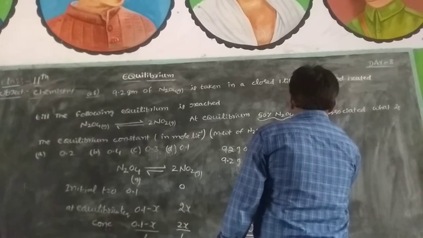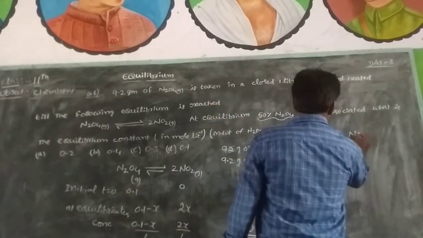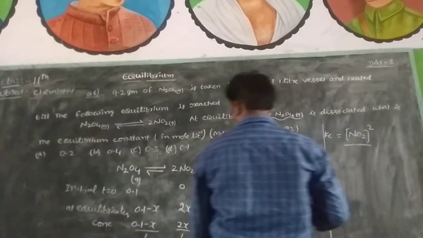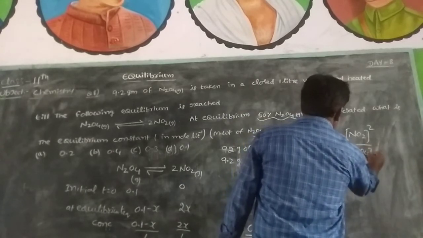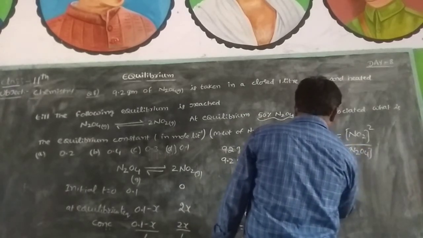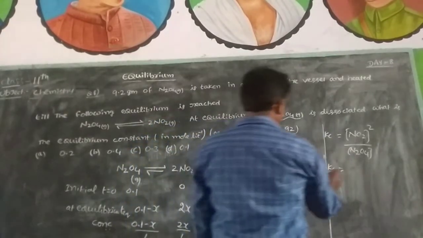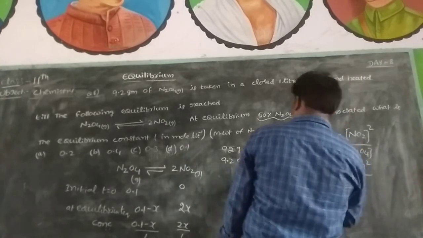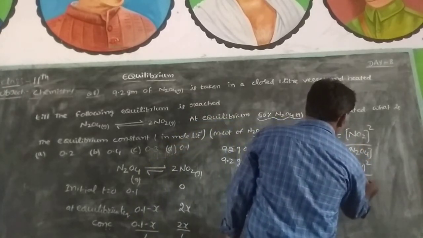How to find Kc? Kc is equal to NO2 concentration whole square upon N2O4 concentration. Listen, Kc is equal to 2x whole square upon N2O4, that is 0.1 minus x.